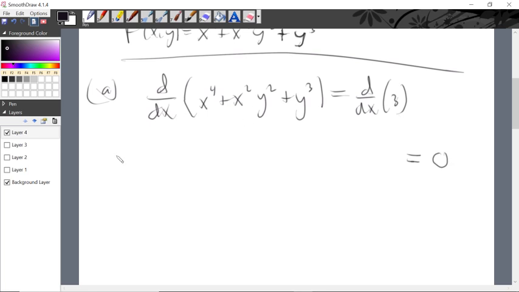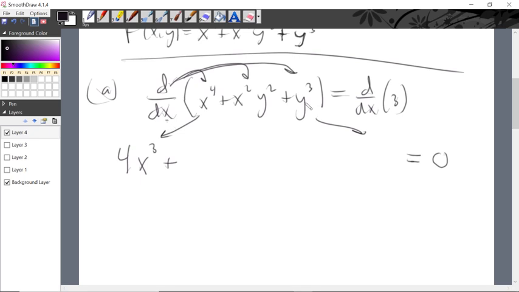The derivative of the left, okay, we're going to apply the differential operator to each term, starting with x to the fourth. Since it's with respect to x, we just apply the general power rule as normal, 4x cubed, and we're done. Now I'm going to jump to the last term, y cubed. The derivative of y cubed is going to require implicit differentiation. First, we're taking the derivative of a y function, but with respect to x.